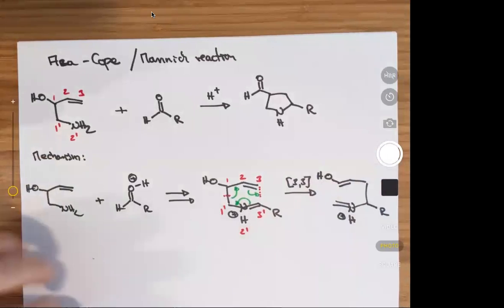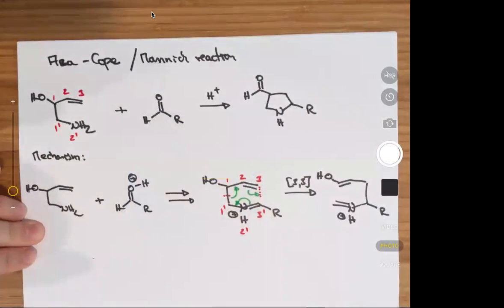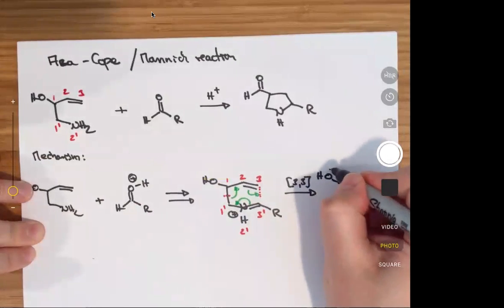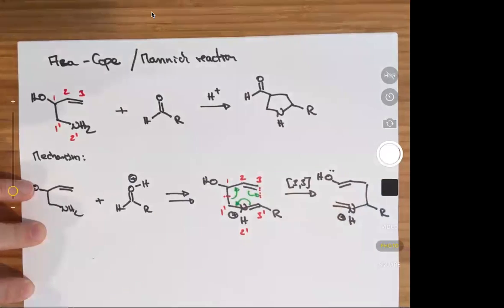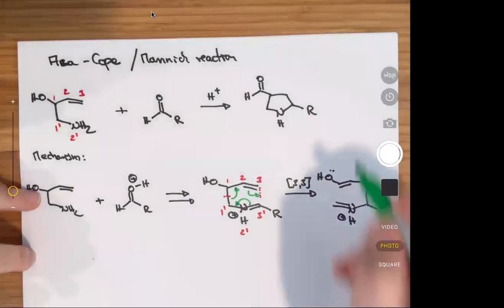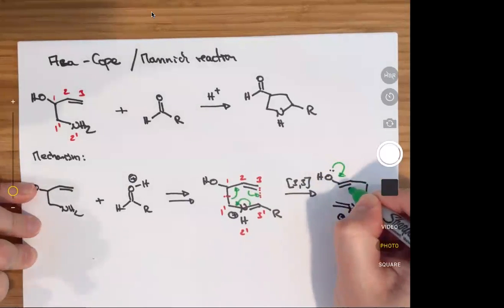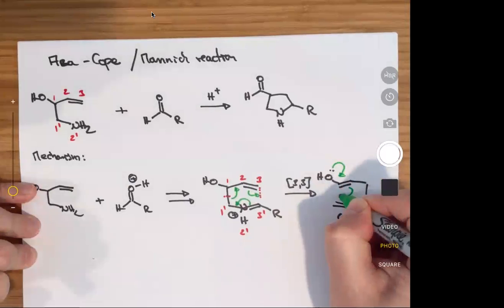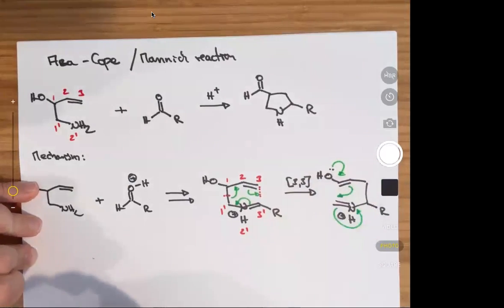And from here, what you can quickly realize is this is basically set up already perfectly for the second part, which is essentially the Mannich reaction. You have an enol here that is nucleophilic at this position, and you have an activated electrophile here in this iminium ion. And now if you just take the arrows and push them around from here into here, from here, these electrons, we push them over here, and we can take these electrons and push them back to the nitrogen.